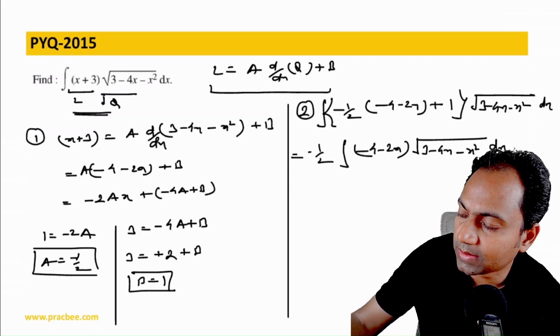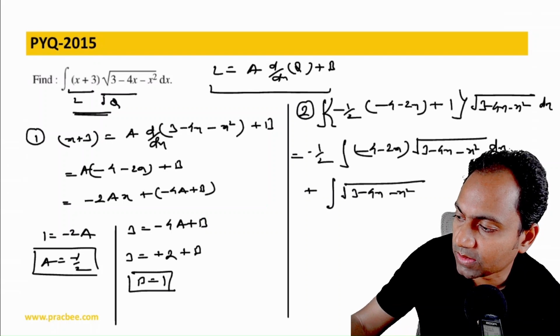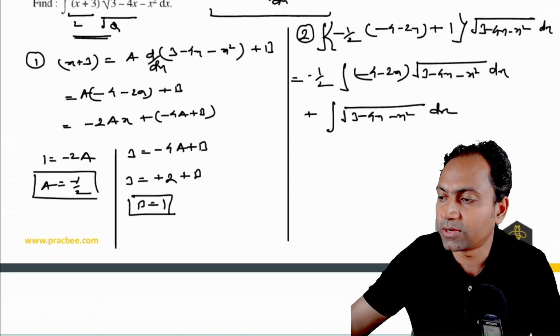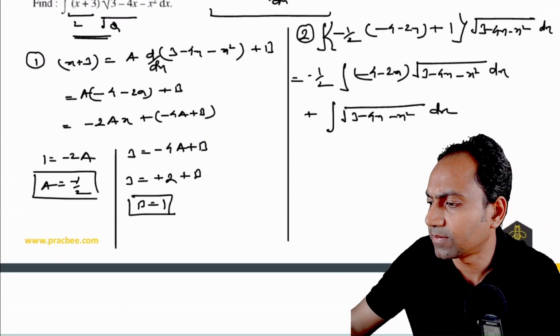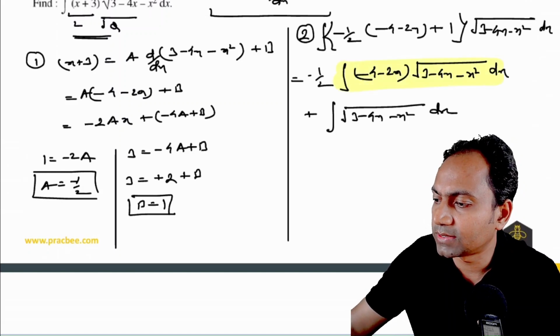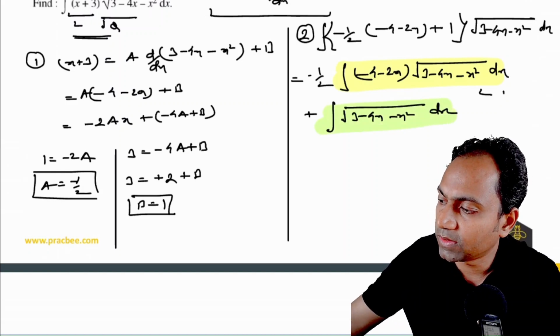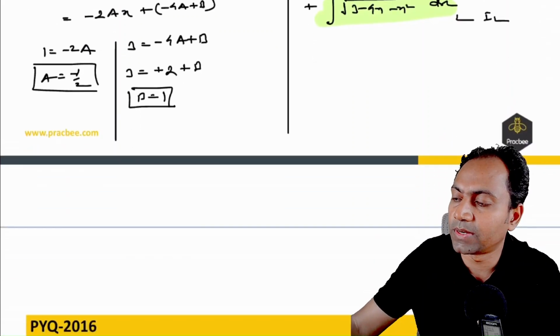And another integral that can be written as nothing but plus integration of root of 3 minus 4x minus x squared dx. So we can see that we have divided the integral into two parts. Let us call this first integral as integral I1. And this part that is written here, let us call this as integral I2. So this is I1 and this is I2. And now we will solve this separately in the third part.